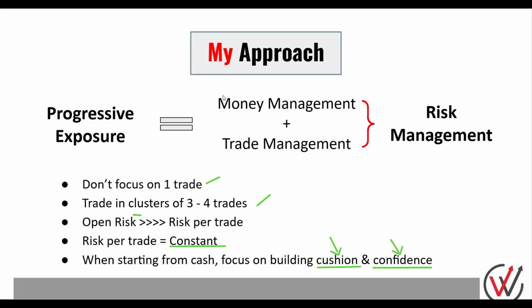So Kavish, I just want to ask one thing. When you say that you focus on trading clusters of 3-4 trades, once I have taken these 3 trades, and one of the trades actually moves in the anticipated direction, and there comes a stage wherein I would think that the markets are choppy and I need to book my profits, what is the implication on the other 2 trades, which might not have moved in the direction I had anticipated?